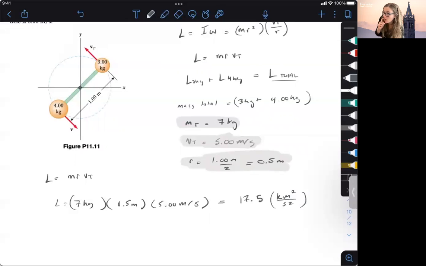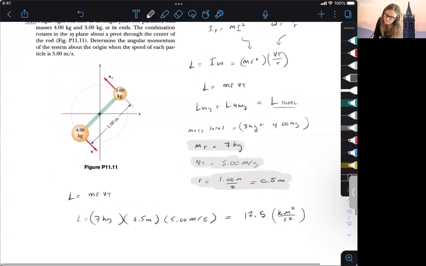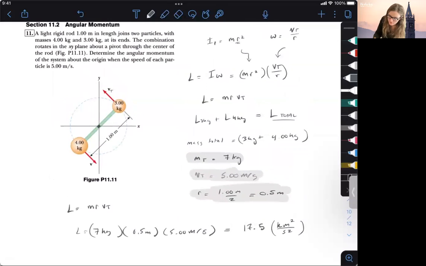So quick question, what is our direction here? We have this as our x and this as our y. We talked about rotation: if it's in a clockwise direction, it's negative, and negative is in the negative z direction, technically, because it's into the page. But in this case, we're going counterclockwise, so we know it's positive.